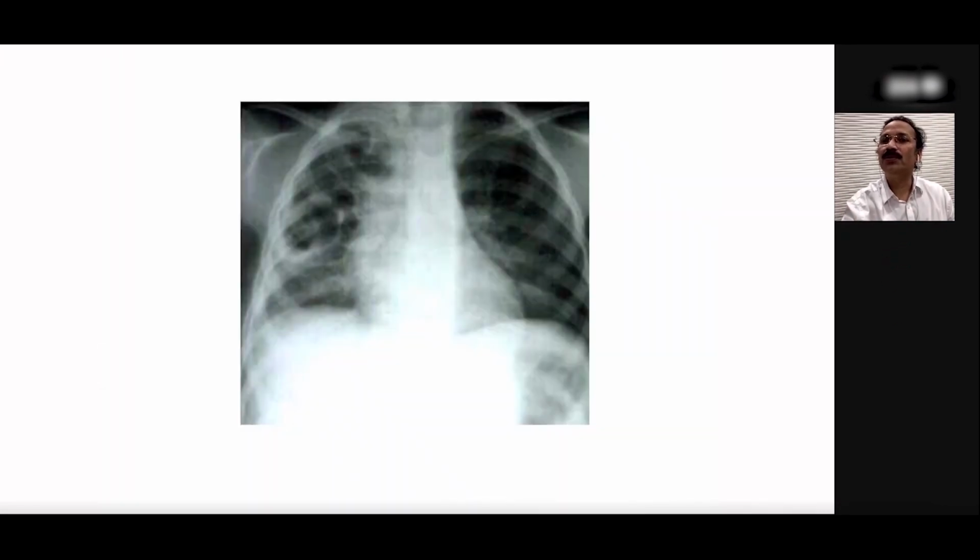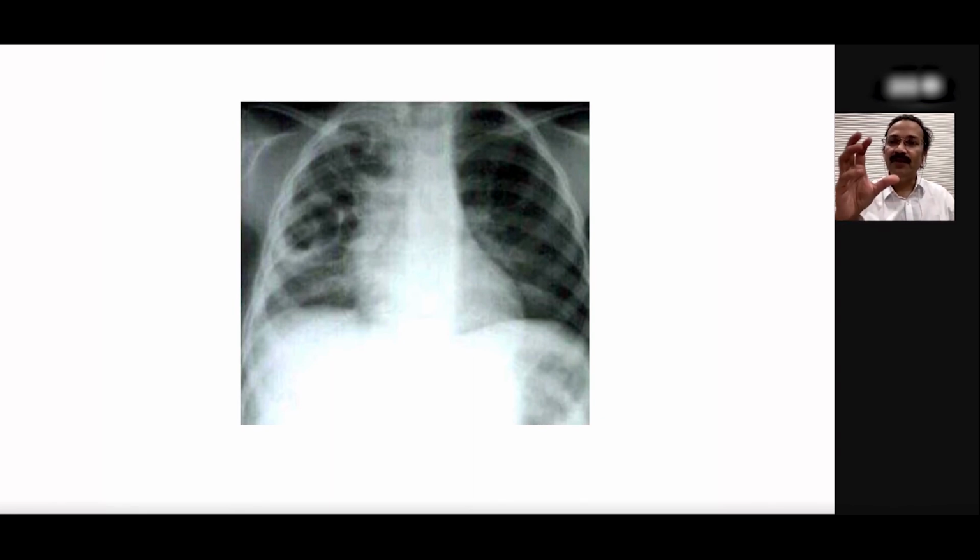I'm just going to the next X-ray. I think this will be a better X-ray to show. You can see that there is a roundish area, which is a white line, which is round, and inside that there is a black area, which is the cavity. So this is the progression of a pneumonia. We started from a pneumonia and the disease continued to progress. This happened because he did not go into the stage of fibrosis and resolution. It in fact became a complication of a pneumonia.